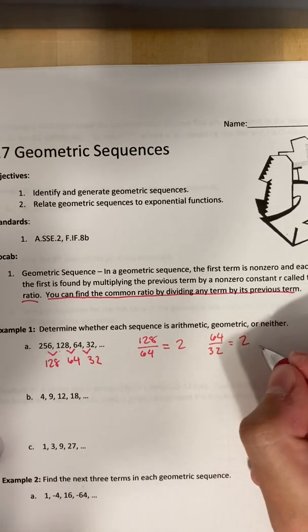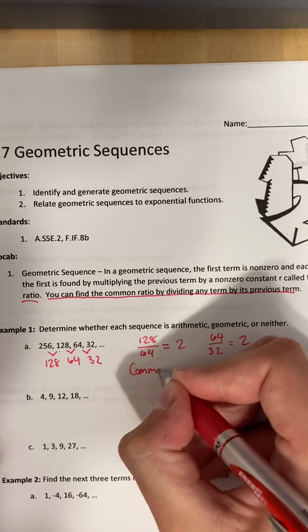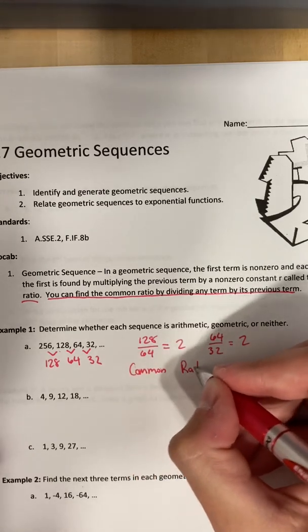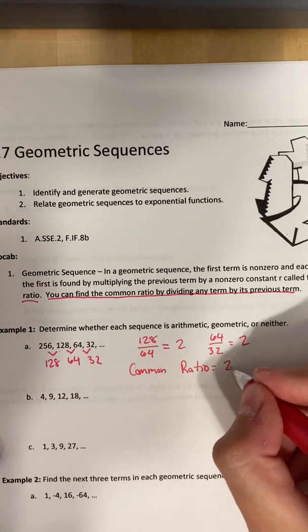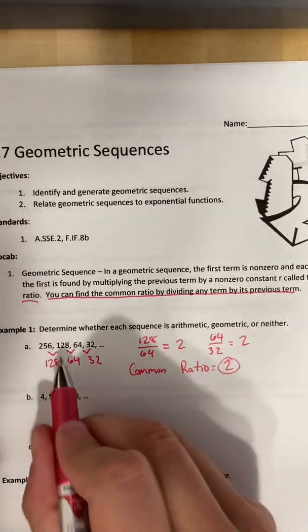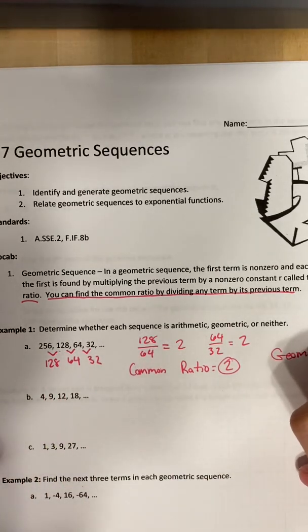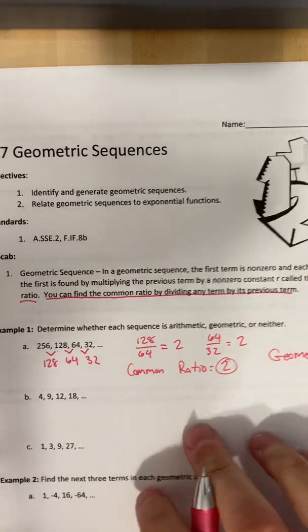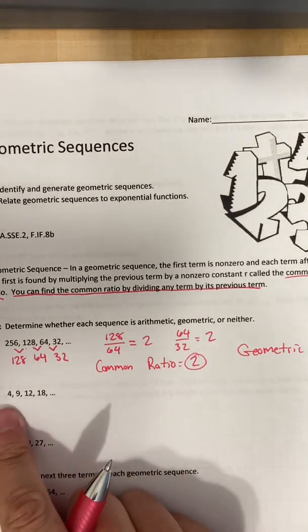That is also 2. So we now know that our common ratio is 2. And since we have a common ratio, that tells us that this sequence is geometric. So let's look at the next example.